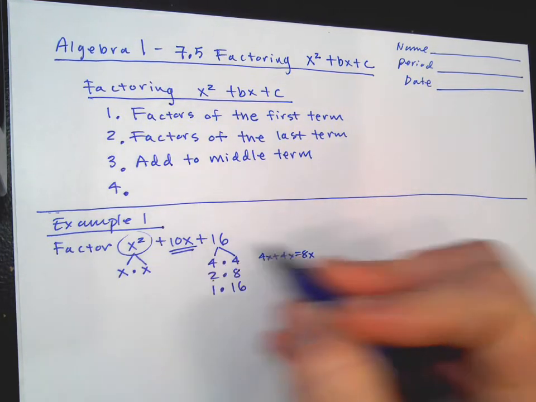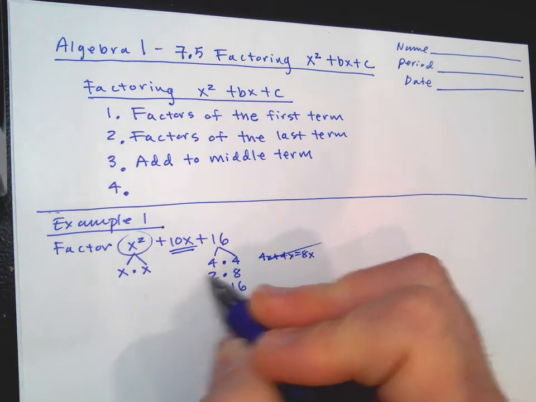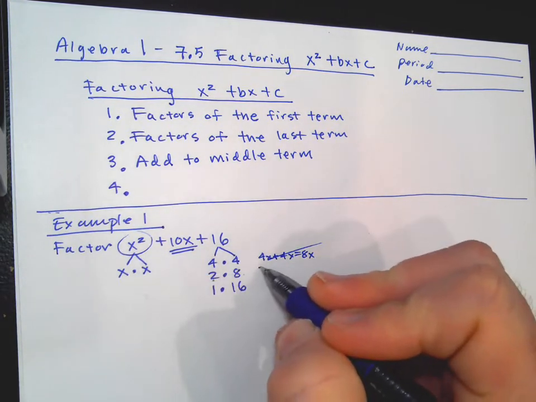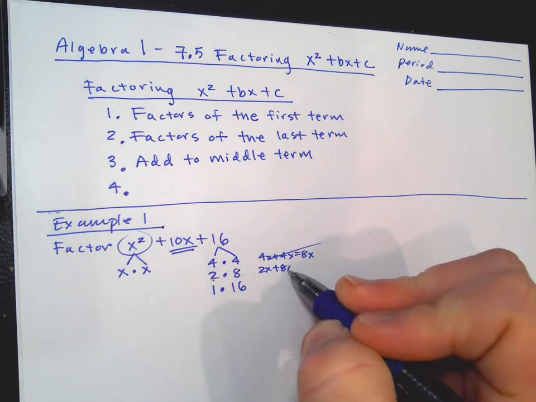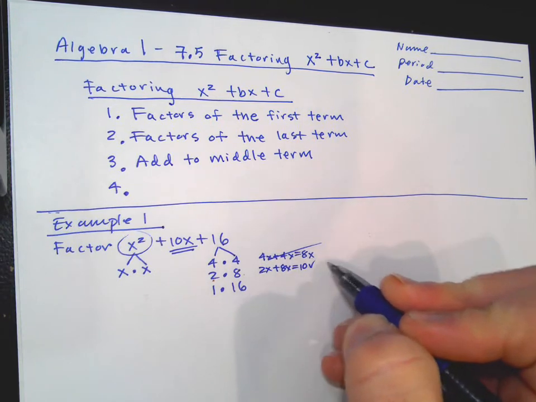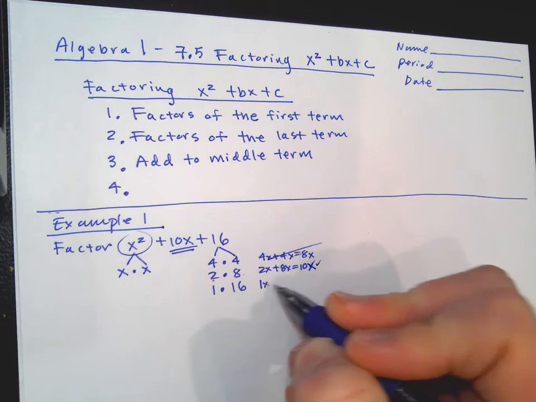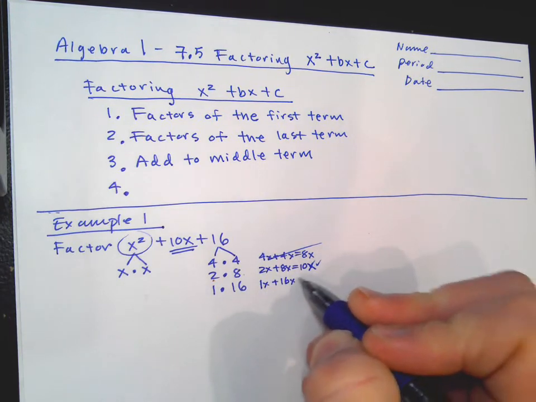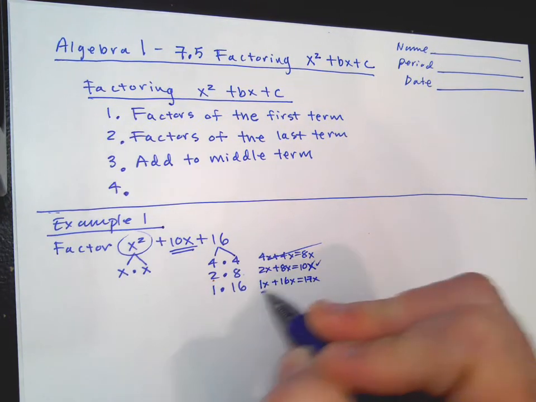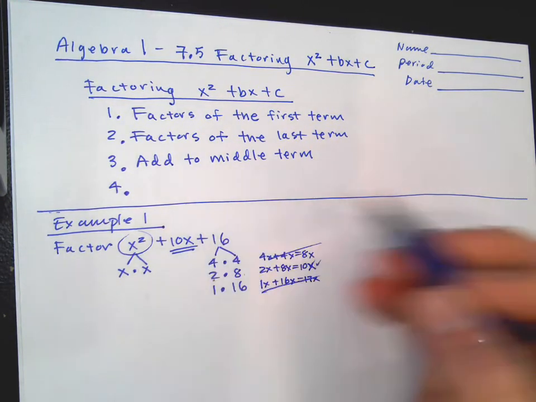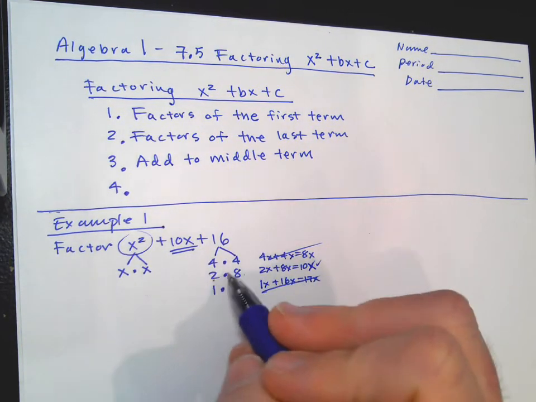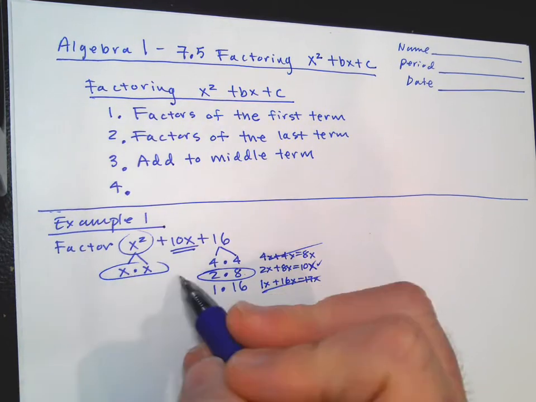Is that 10x? No. How about 2x and 8x? 2x and 8x is 10x. That's good. And 1x and 16x gives you 17x. That's no good. Next time, though, it could be a 17x or an 8x in the middle. So we're going to go with this pair.